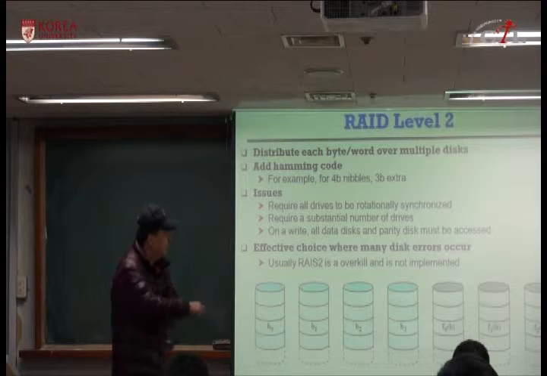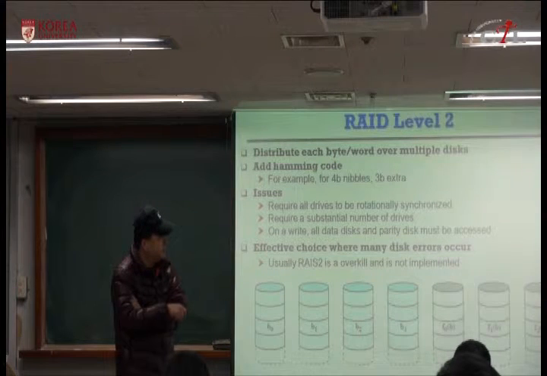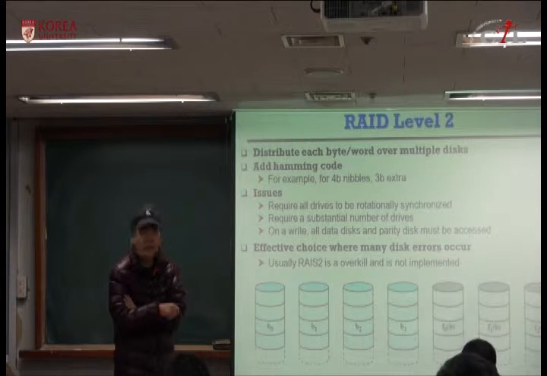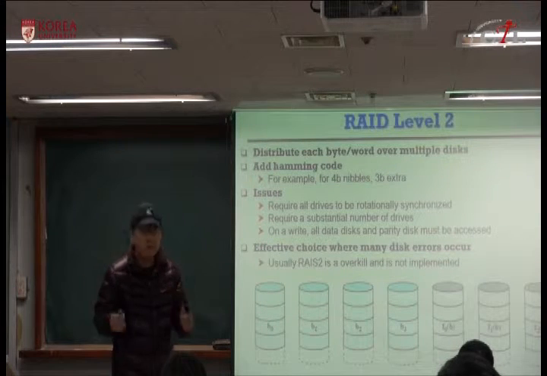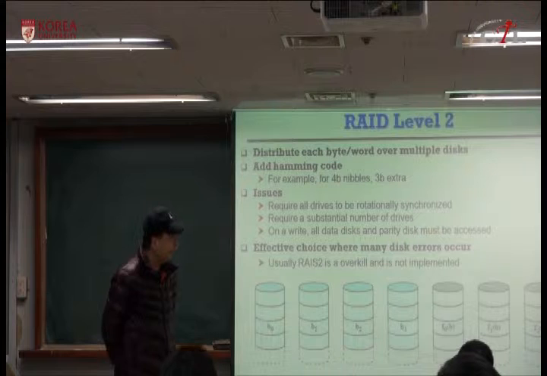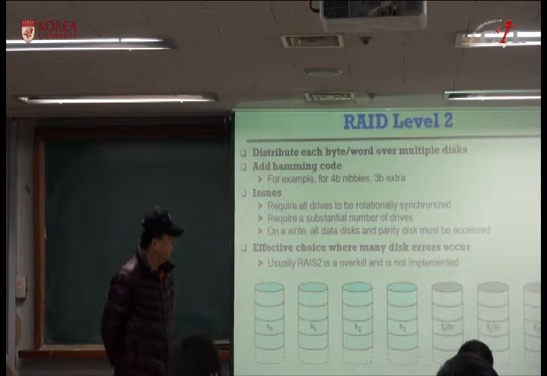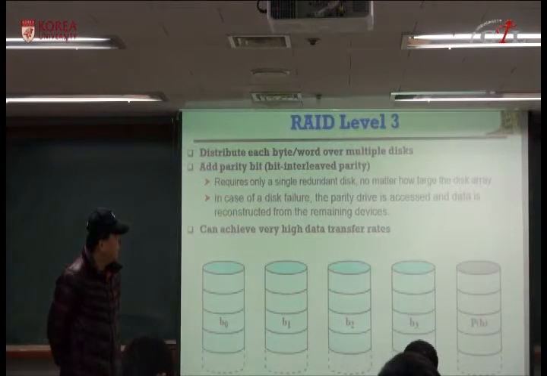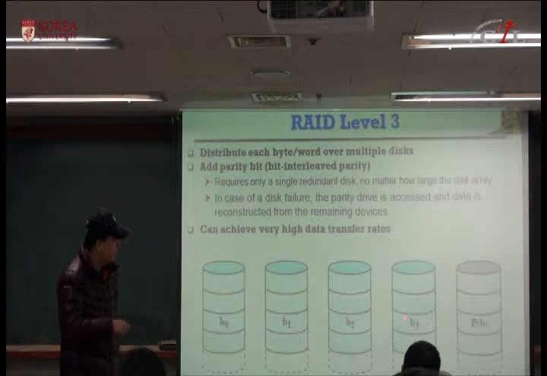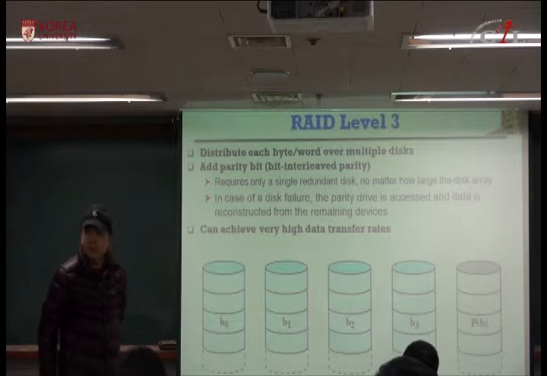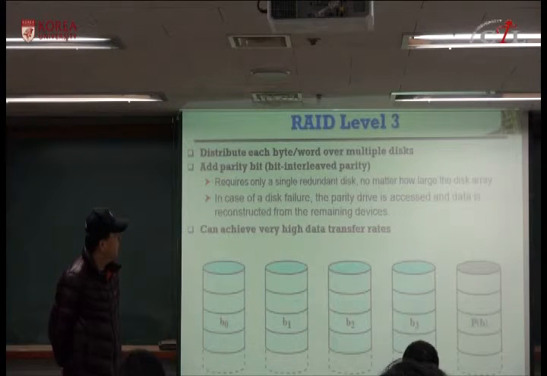Okay, so if you have 4 bits enabled, you need an extra 3 bits, and if you need 8 bits, then maybe we need to add more bits for the error correction code. And also we can add parity, and regardless of the data size, you just need a single bit to implement this parity.